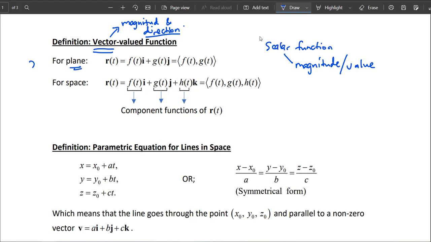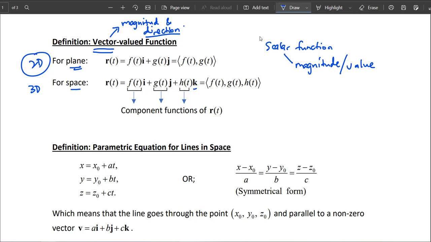Plane is 2D. So we denote vector value function as bold r(t), a function of t, equals f(t)i plus g(t)j. i is the vector, or the vector we denote as bold i, j. This refers to the direction of x-axis, y-axis, and also k is z-axis for space 3D.